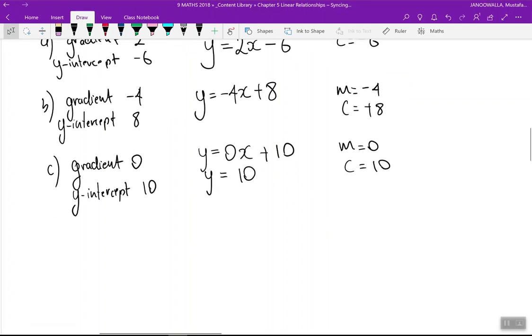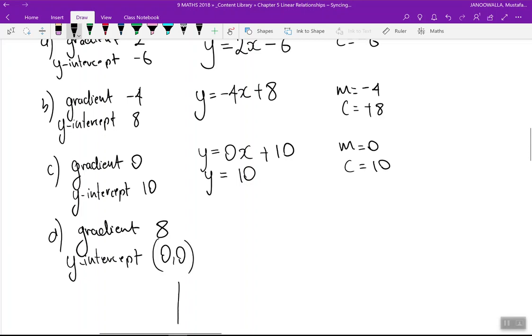Part D. Gradient is 8. And my y-intercept is the point of origin. Point of origin is 0, 0.